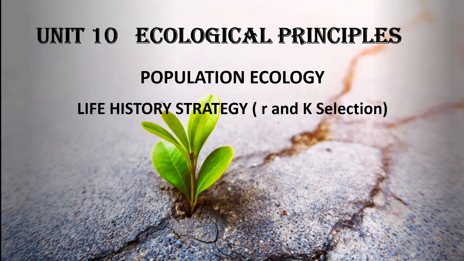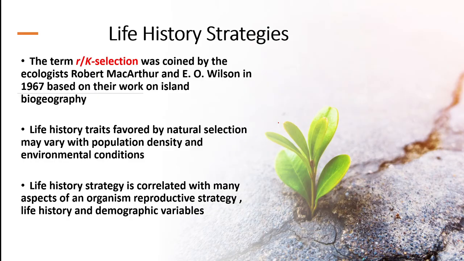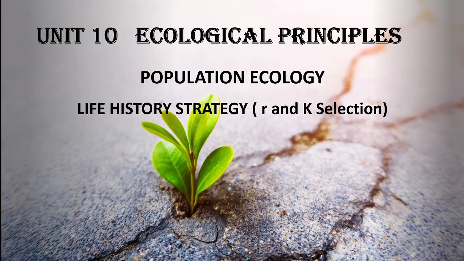Ecologists noticed that there are two groups of species which reproduce differently to fit their environmental characteristics. There are two species, the R species and the K species, and accordingly we say that they have adopted the R and K selection strategies.